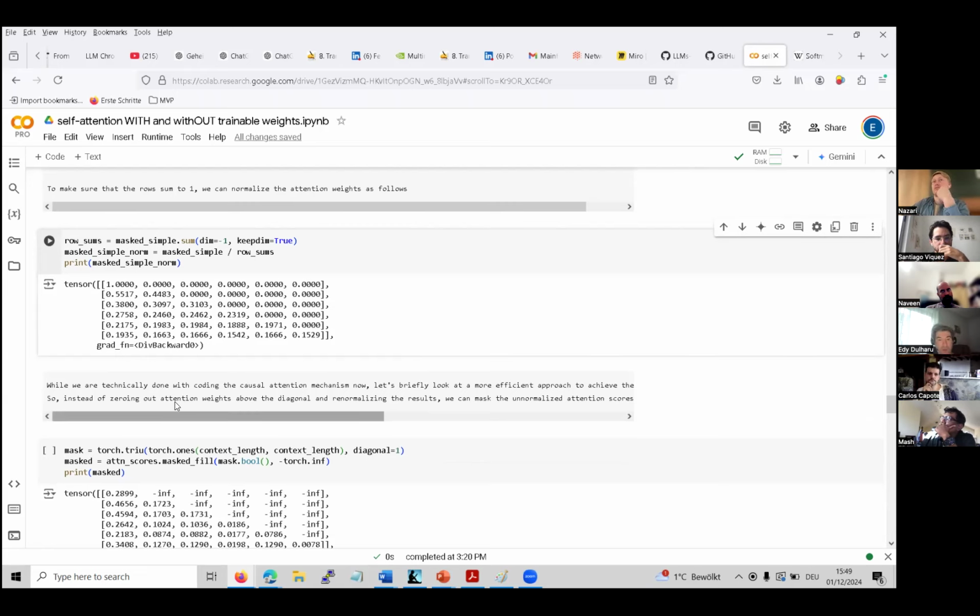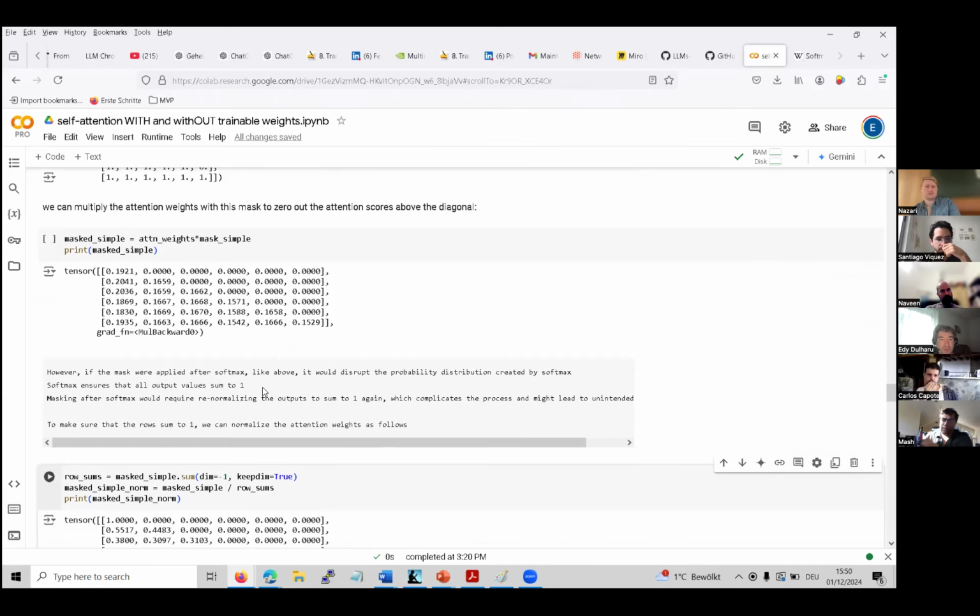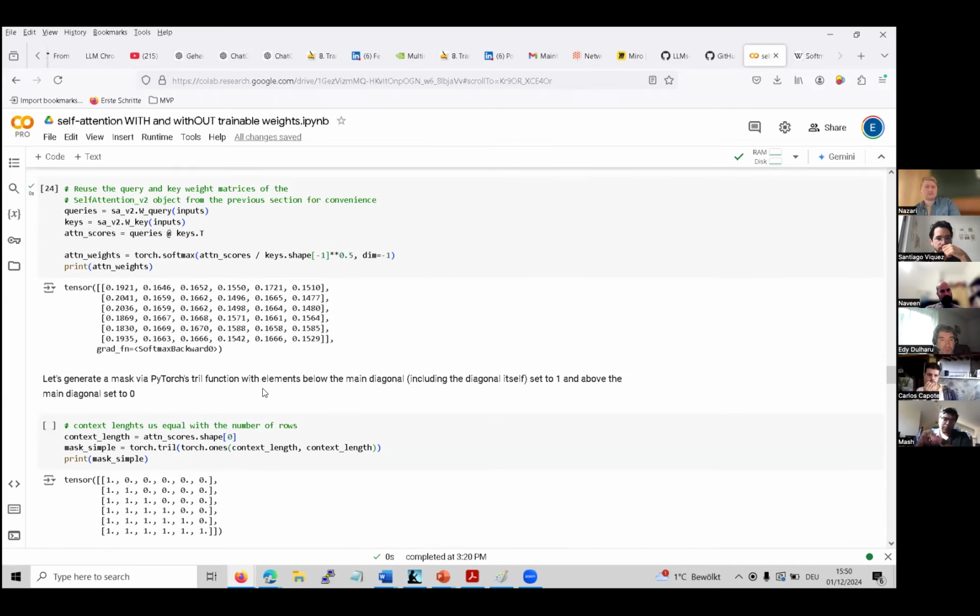Okay, now I need to make an additional comment with regards to softmax, and how softmax was computed in the first place, before even talking about this trill function, which set all the elements above the diagonal to 0.